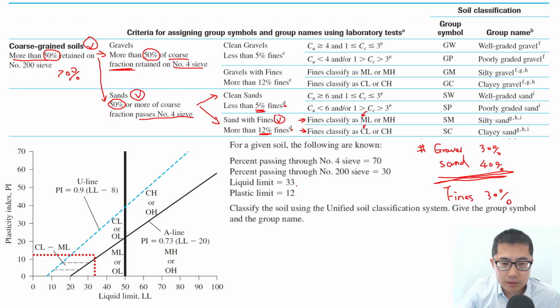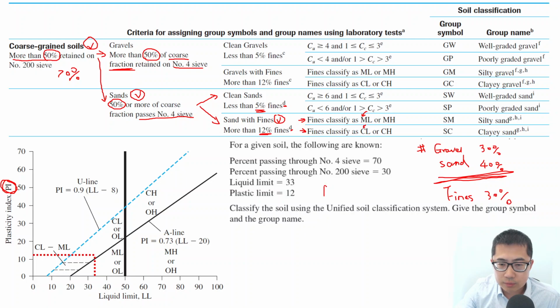Yay, so that's good. So we can find our 33. I already marked it over here. So that's the 33 line. And then what about the y-axis? Again, it's a little bit tricky over here. The y is PI, again, it's PI, not PL.